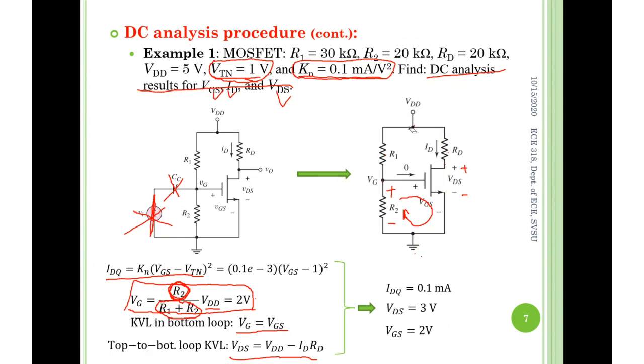We had a homework problem similar. But I want to ask you guys one more time. From this circuit, let me ask you: is this current the same as current here? The same? No. Absolutely not.